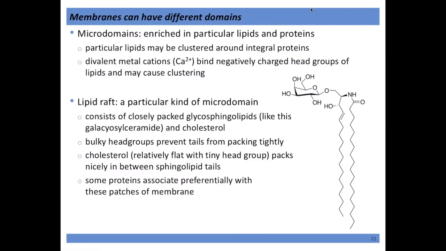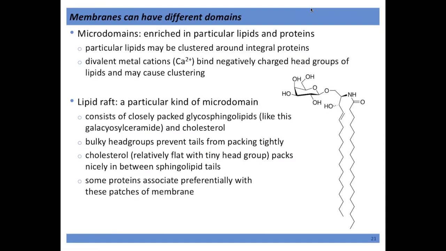And so this leads to the idea of a lipid raft, a particular type of microdomain. This is going to be closely packed glycosphingolipids, like the one showing off to the right there, and cholesterol. Well, sorry, the bulky head groups will prevent the tails from tightly packing, and then they'll allow the cholesterol to sneak in between those unpacked tails.